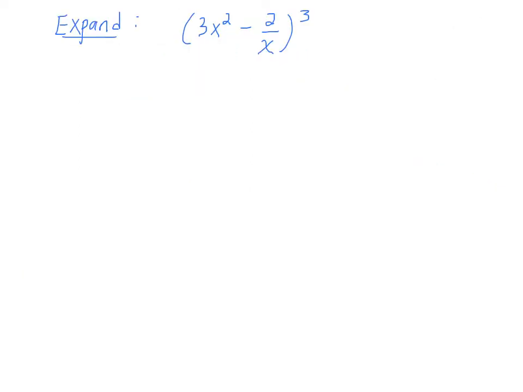Okay, last example. Here's a more complicated one where, again, we're looking to expand this. Now the power is just 3, so that means we want the third row of Pascal's triangle. Again, this number is small enough where we can just use Pascal's triangle. So there's going to be 4 total terms.